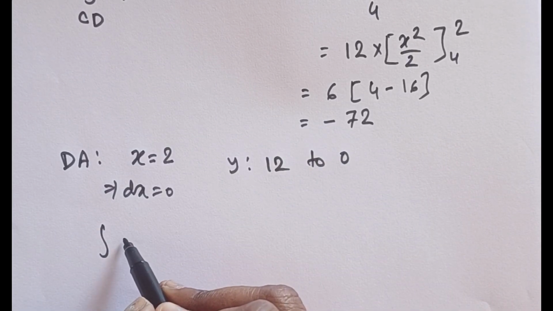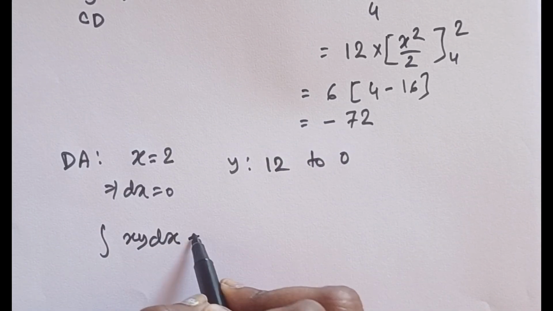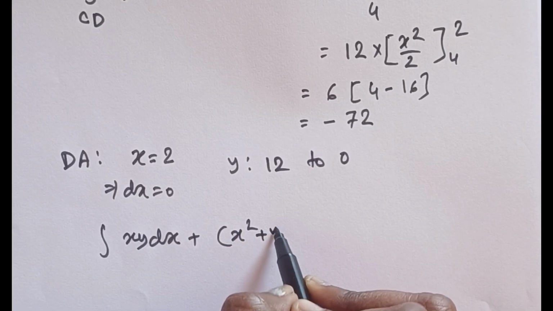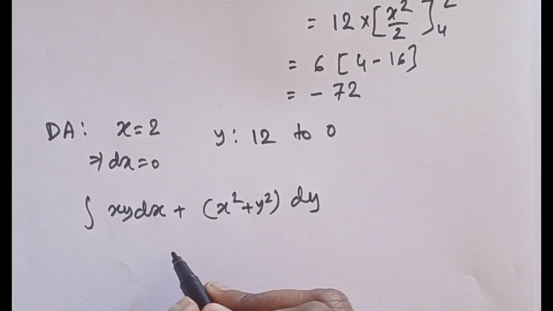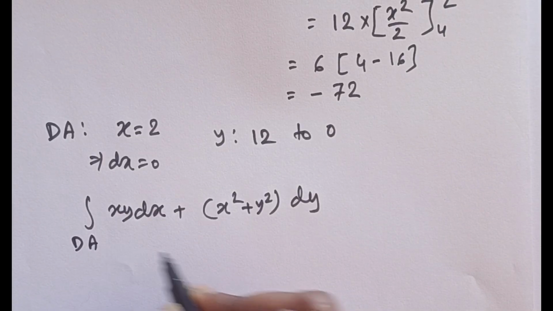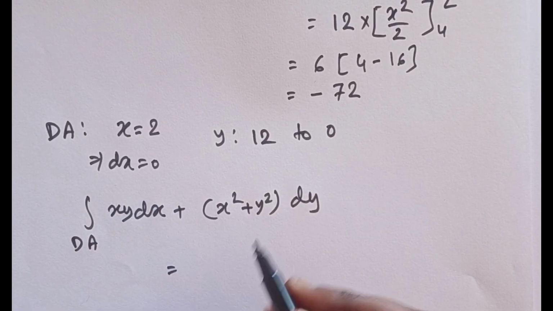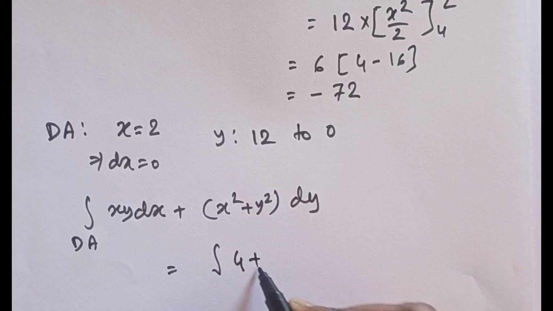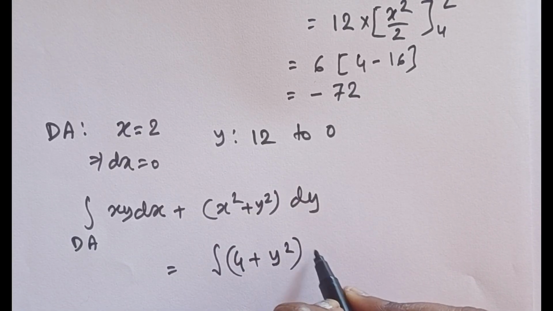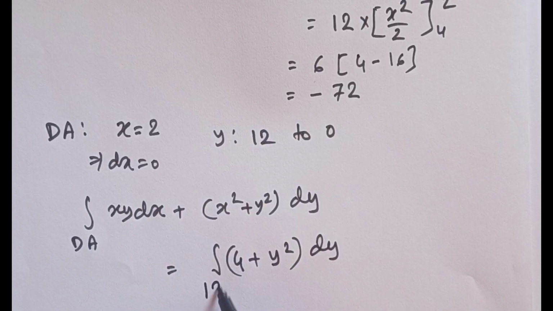Hence, finally the integration over DA of xy dx plus x square plus y square dy is equal to, since dx equal to 0, the first part is 0, and for the next part, x square is 4 plus y square dy, and y goes from 12 to 0.